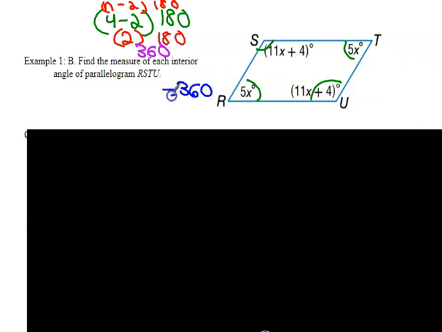Now I need to find the value of x. First I'm going to add all the x's together, combine like terms. So 5, 11, 11, and 5. So I've got 10 plus 22, which is 32x. Now I'm going to combine the constants.